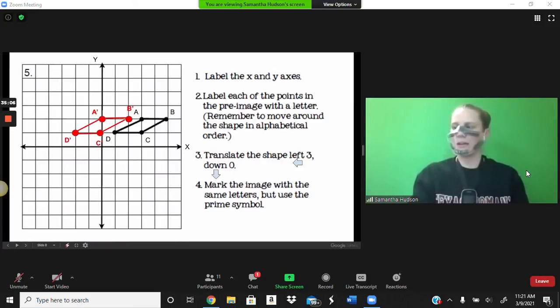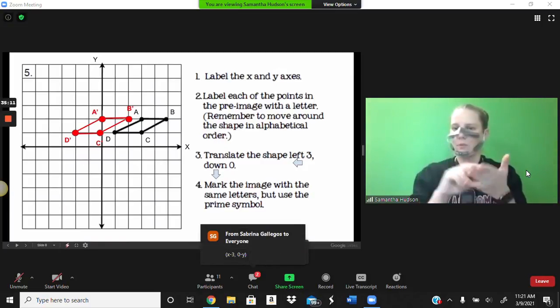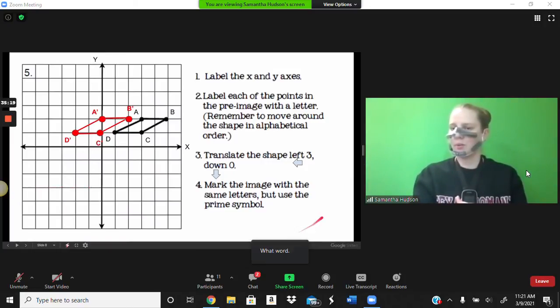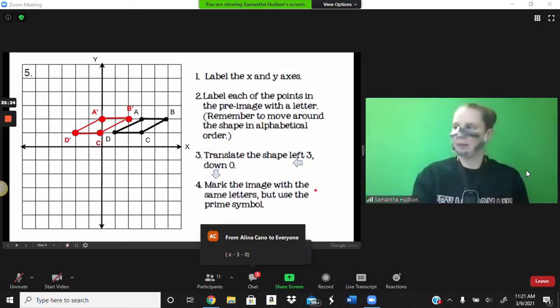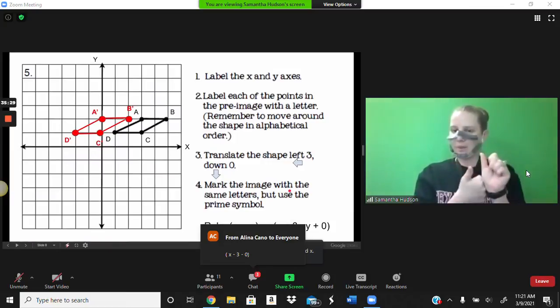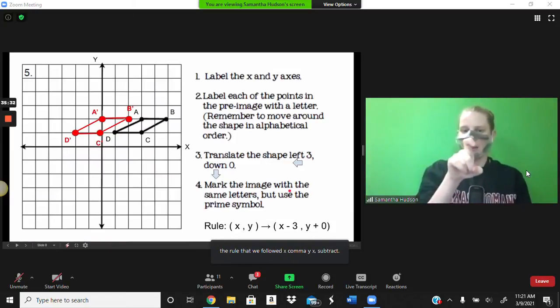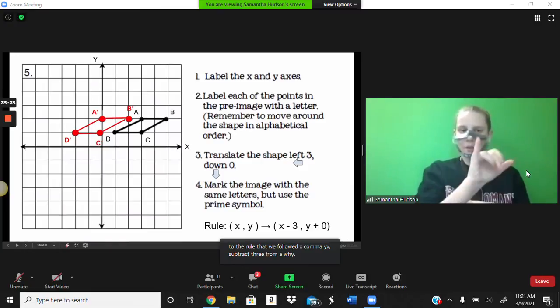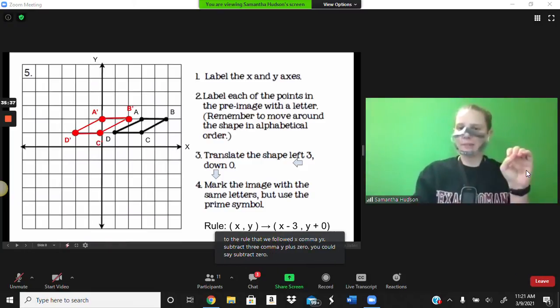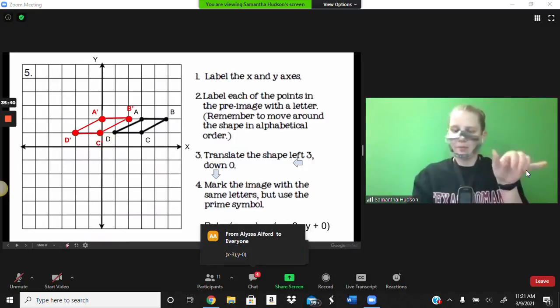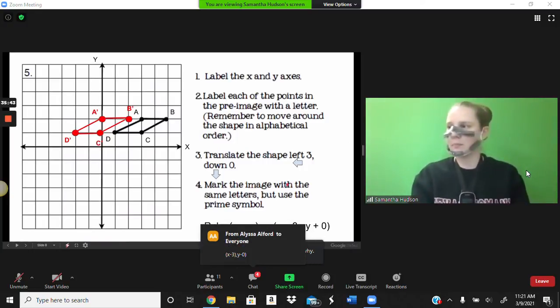How do you know subtract? Because left means go down, and then 0 means... What word? Left. Good. So the rule that we followed, x comma y, x subtract 3 comma y plus 0. You could say subtract 0, that's fine, it doesn't matter. Or it could just be y. Good.